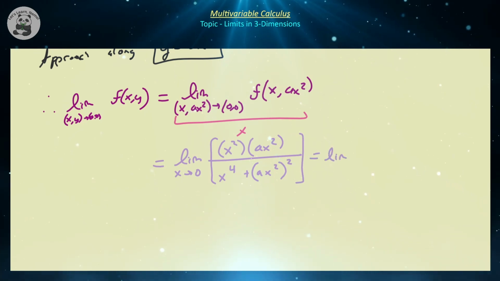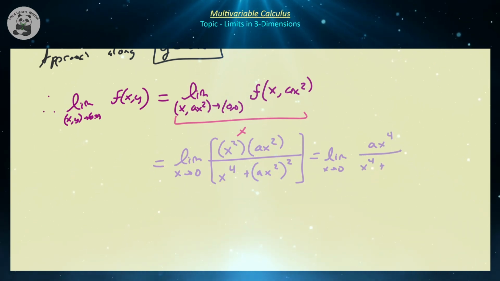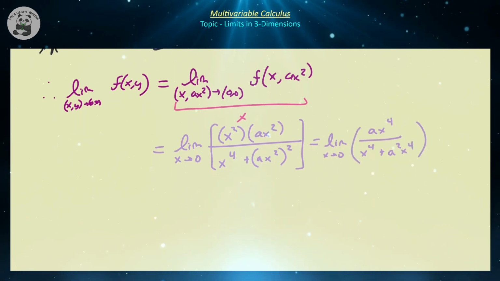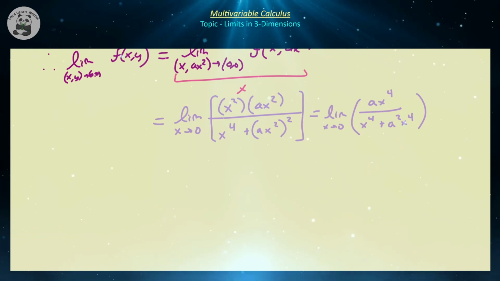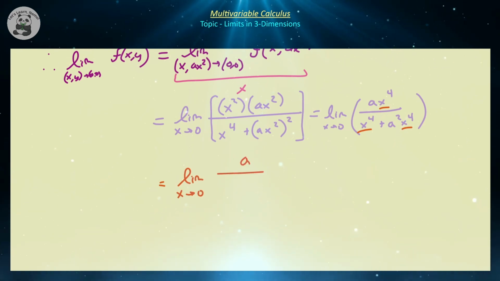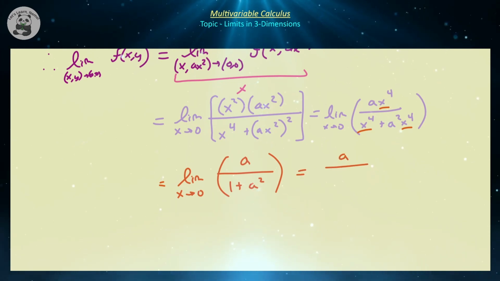That equals the limit of ax to the power of 4 over x to the power of 4 plus a squared x to the power of 4. We have an x to the 4th in every term, so we can cancel that out. We're left with the limit as x approaches 0 of a divided by 1 plus a squared. As x approaches 0, there is no x, so we just get a over 1 plus a squared.